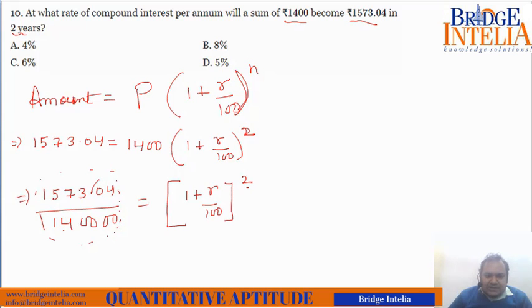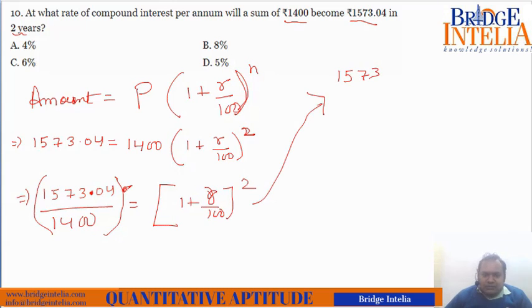So I think the above number must be a multiple of 14. So that 14 cancels and we have 10,000 in the denominator because 10,000 is a perfect square. If you remove this decimal 04, you'll have to put 2 extra zeros in the denominator.